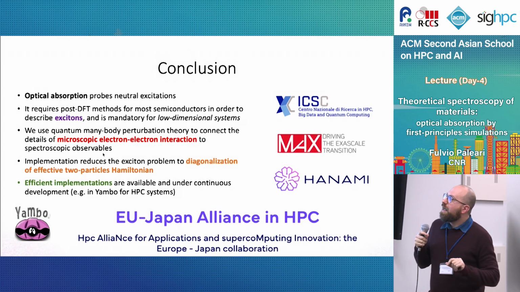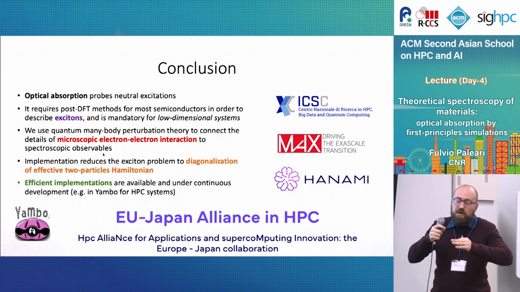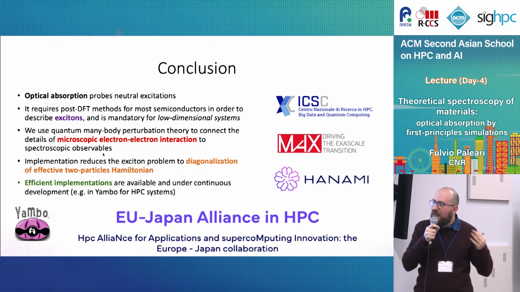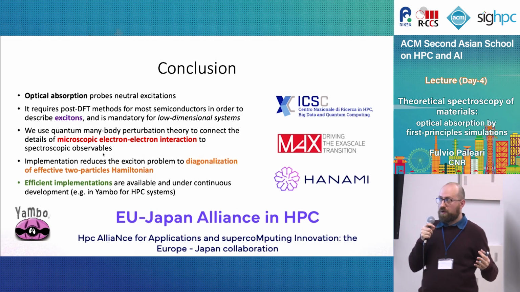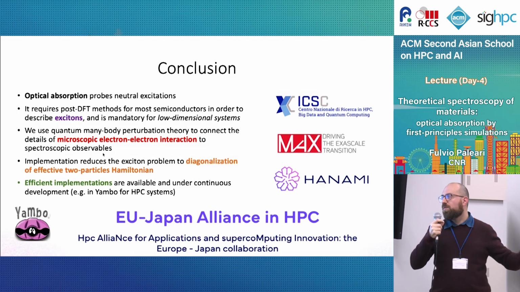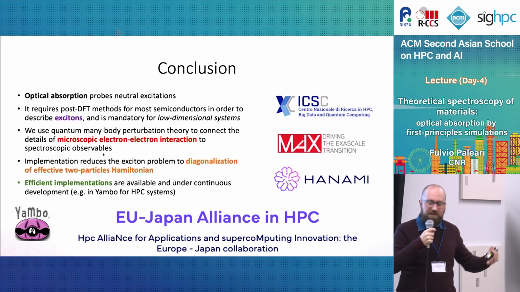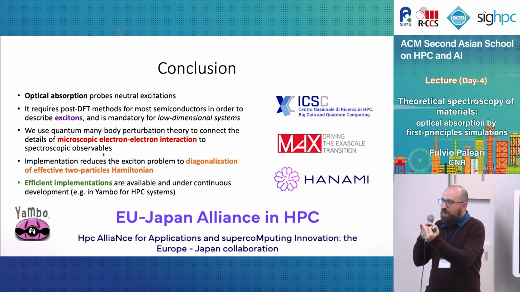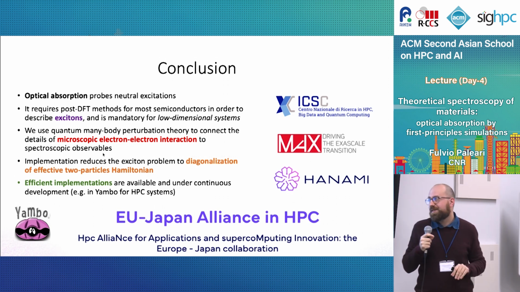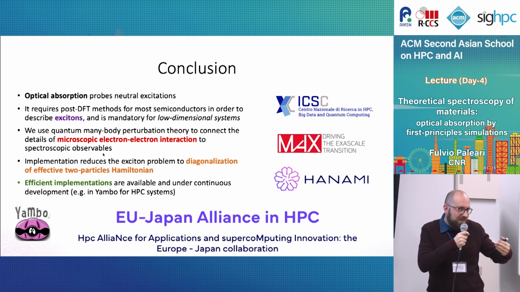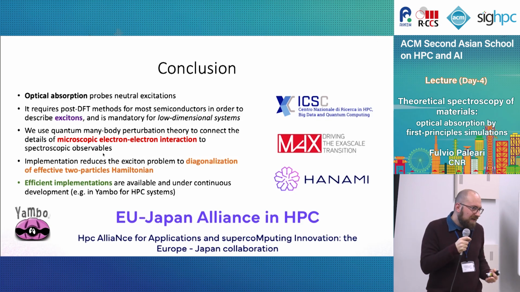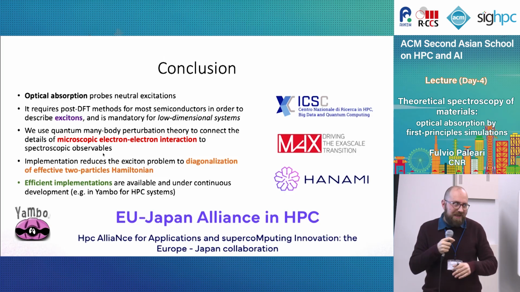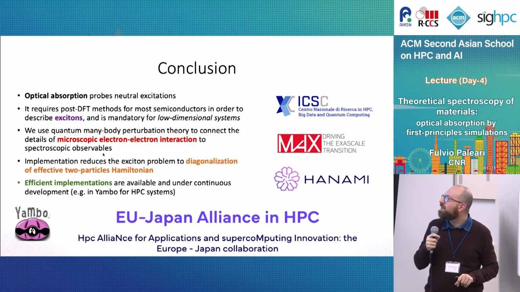And basically all implementations, not just in Yambo, reduce this to diagonalizing an effective two-particle Hamiltonian, the Bethe-Salpeter Hamiltonian, which is called in different ways. And we are working on efficient implementations in order to continue to be efficient in solving this, especially in view of the fast-changing technological landscape of HPC systems.